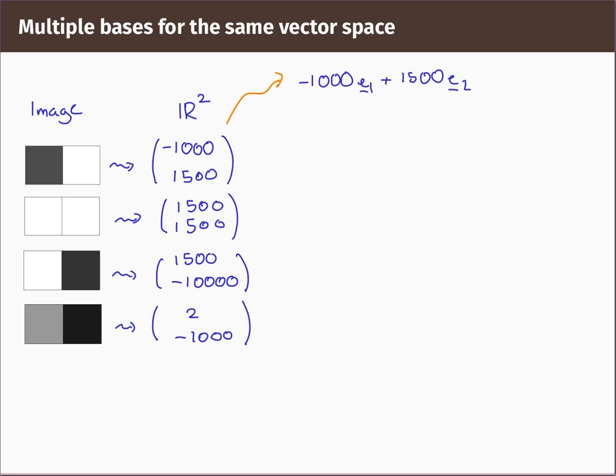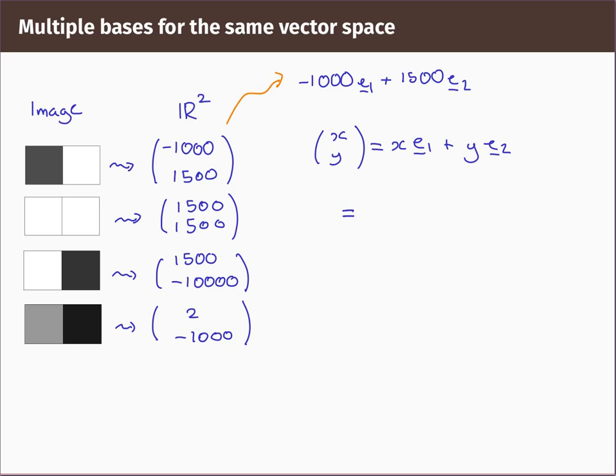So what happens if we start writing an arbitrary vector in terms of some different basis? If we have an arbitrary vector in R², which corresponds to some image, one of our 2 pixel black and white images, this is x times e1 plus y times e2. And the x and the y here are telling you exactly how bright or dark the first pixel and the second pixel are. But we could also rewrite this in terms of another basis of R².